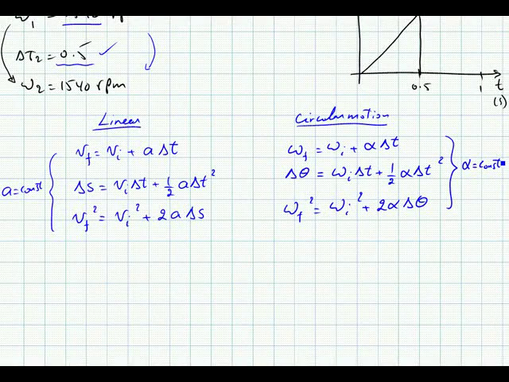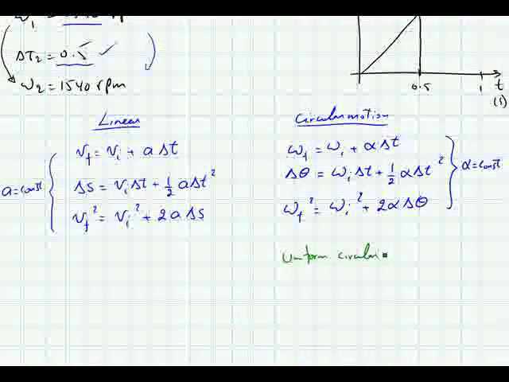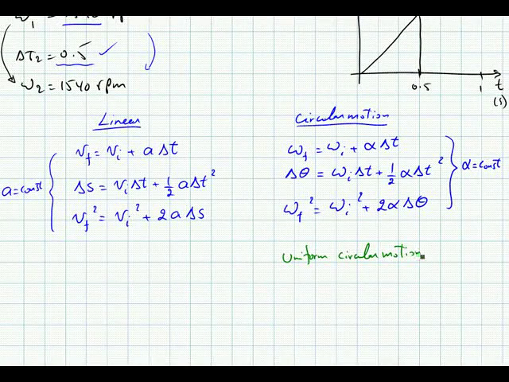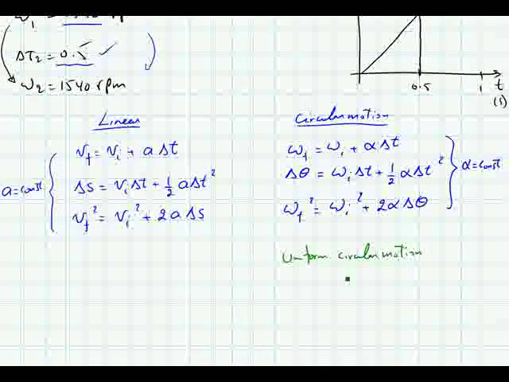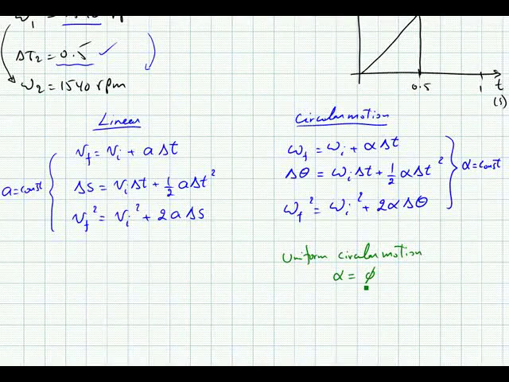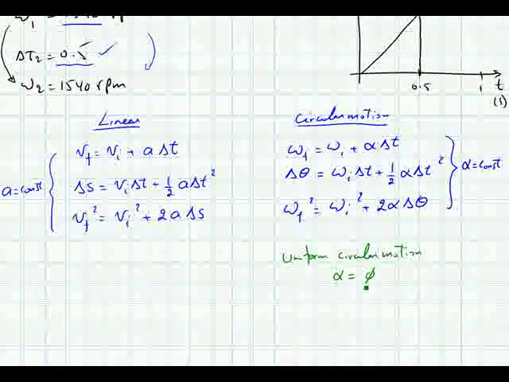Now for uniform circular motion, alpha was equal to 0, as you recall.